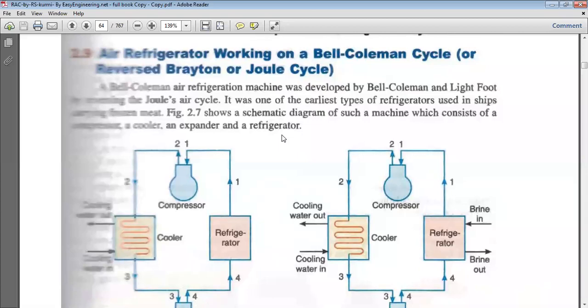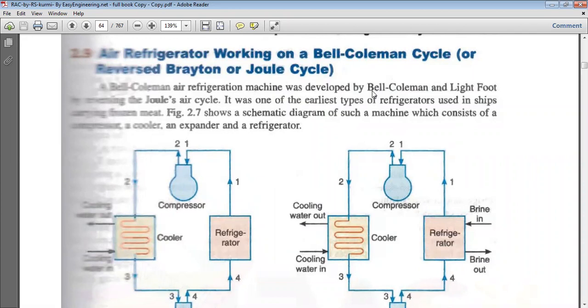We can call it the Bell-Coleman cycle, or reversed Brayton cycle or reversed Joule cycle. But we should not say reversed Bell-Coleman cycle. What does reversed Bell-Coleman cycle mean? It becomes the Brayton cycle. If I operate a refrigeration cycle in the reverse direction, I get a heat engine. If I reverse the heat engine, it will work as a refrigerator.